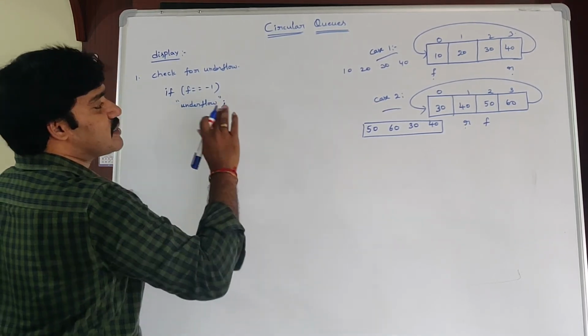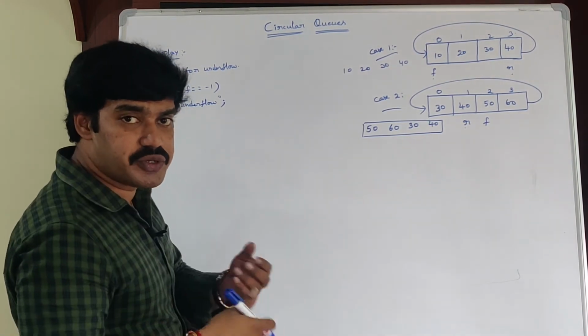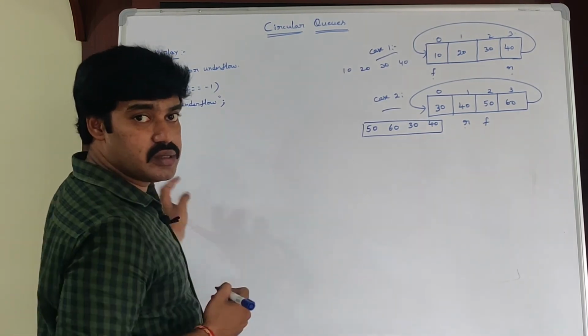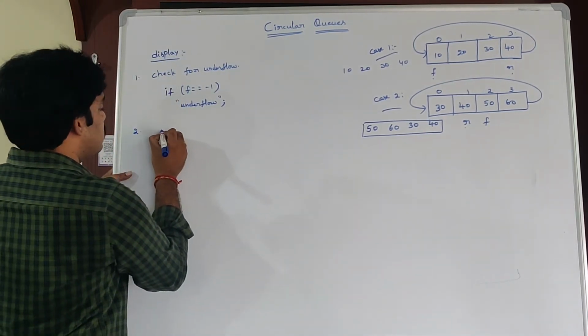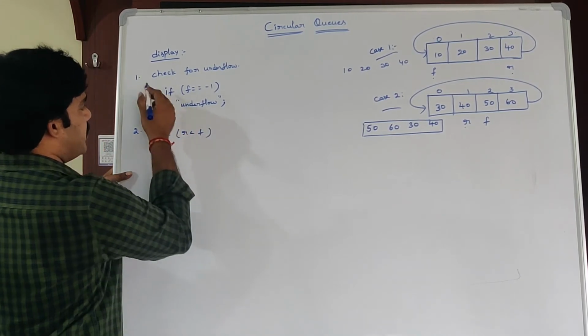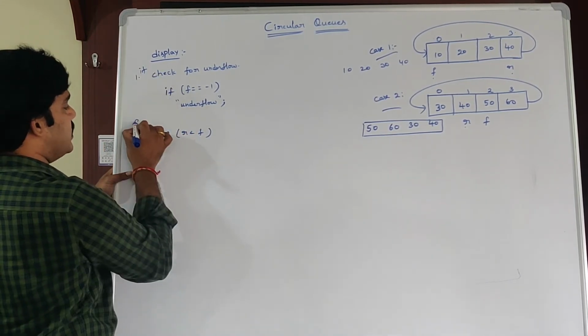Underflow means the circular Q is empty, not possible to display the elements. Otherwise, in the else block, check if R is less than F or not. The first one is the if block, the second one is the else block.